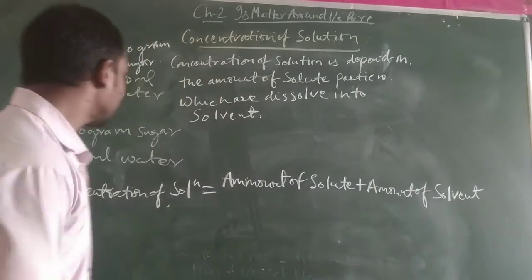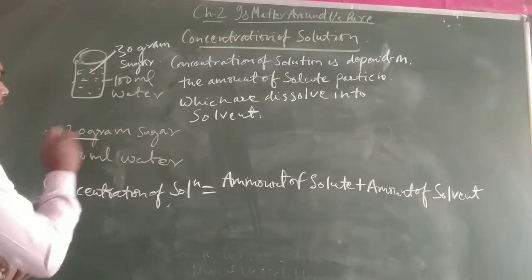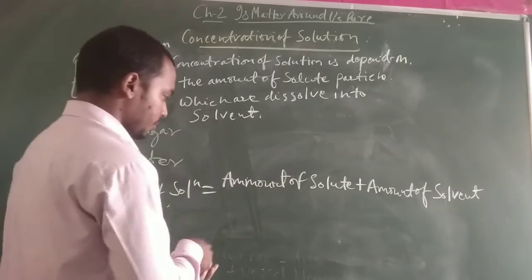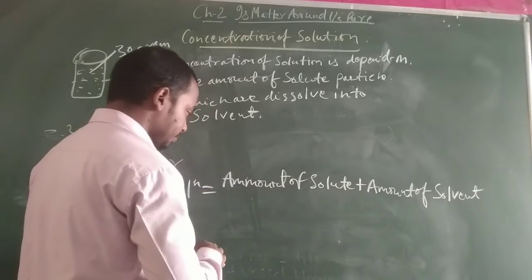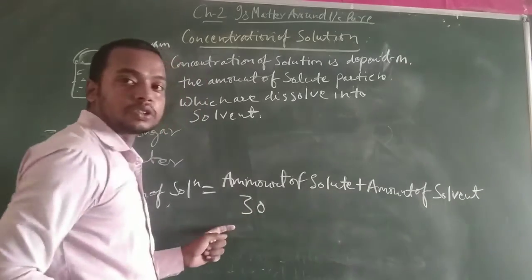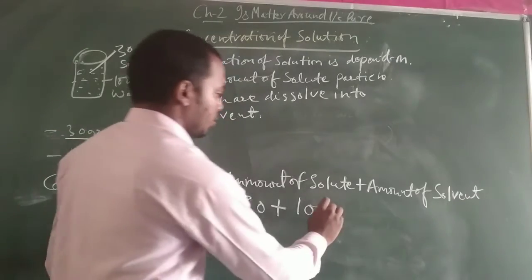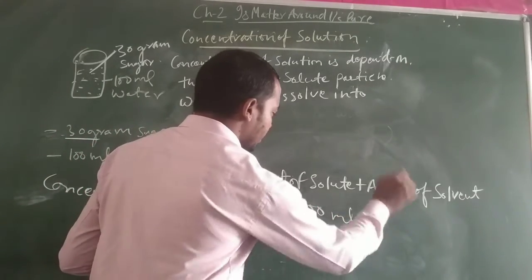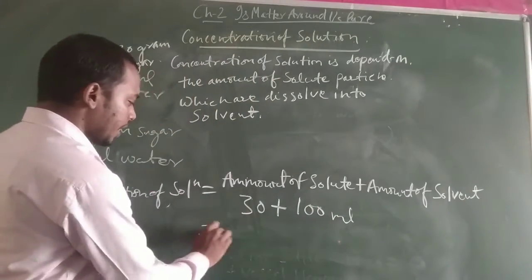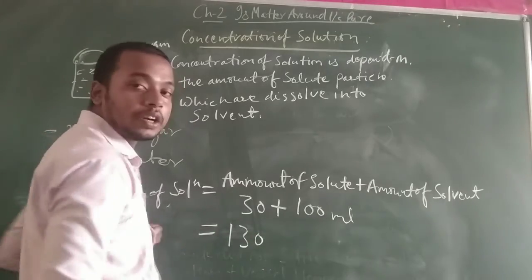Here it is simple: 30 gram is the solute and 100 ml water is the solvent, which is equal to 130 gram.